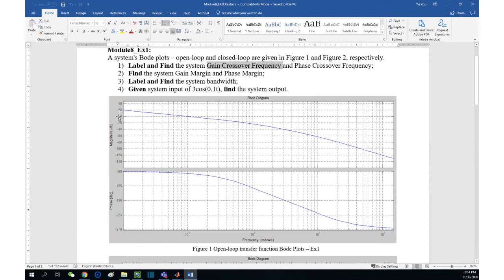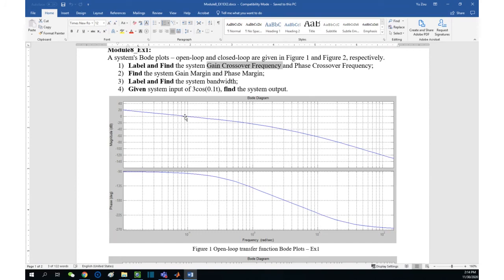Can you see it? Reading the 0 dB magnitude, then 0 is over here, and you intersect with the curve at about this point. I'm using the center of my cursor to locate the intersection point.